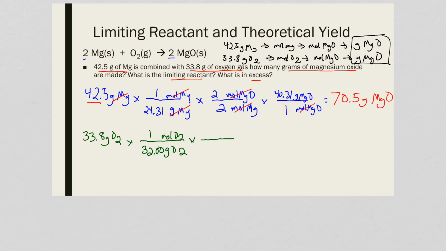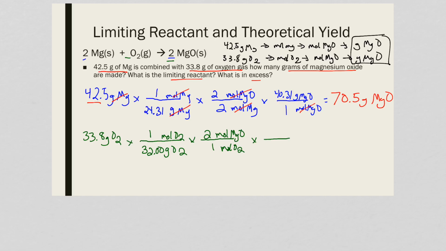Now we need to go from moles of O2. We need to cancel that. We need to go into moles of magnesium oxide. Again, for every 1 mole of O2, we make 2 moles, so our coefficients.